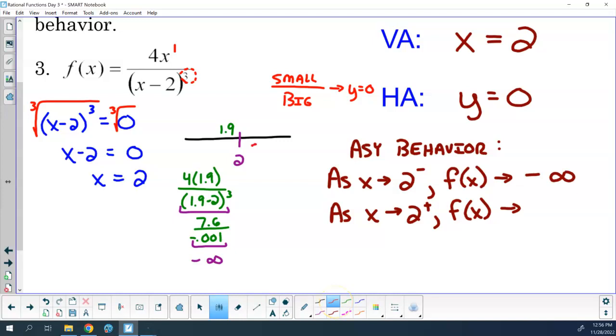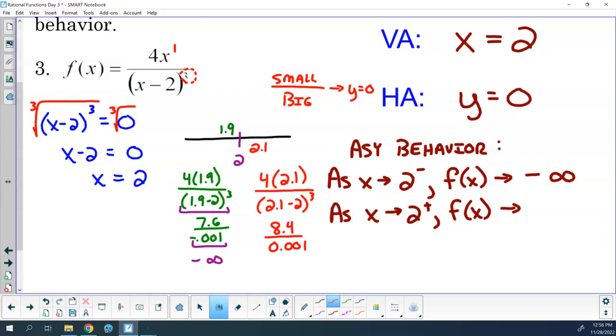On the right side of 2, if I do 2.1, I'd have 4 times 2.1 divided by 2.1 minus 2, then cubed. 4 times 2.1 is going to be 8.4 divided by positive 0.1 cubed, which is positive 0.001.